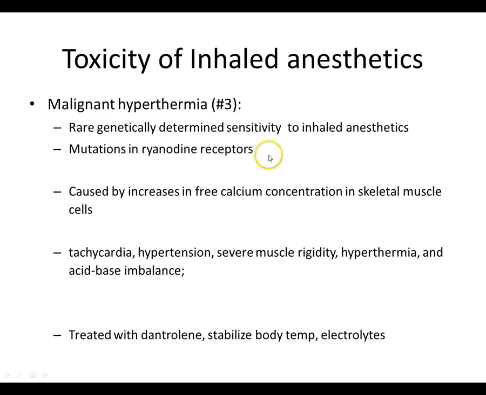And so the combination of having this mutation and using the inhaled anesthetics in combination with neuromuscular blockers can cause unusually high increases in free calcium concentrations in skeletal muscle cells. This in turn can lead to severe muscle rigidity, muscle spasm, hypertension, and hyperthermia. And so again, this can be potentially fatal. It is treated with dantrolene, which reduces the calcium release, and it's also necessary to stabilize body temperature and electrolytes.